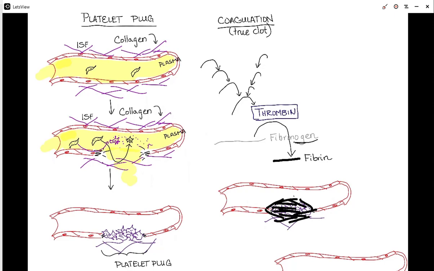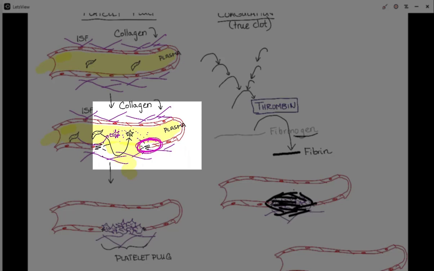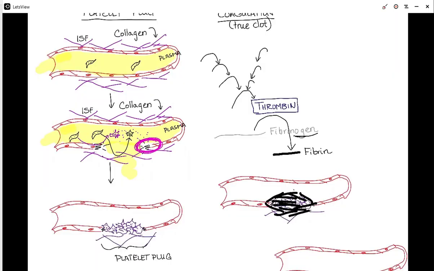So what are activating these pathways? A situation that activates one pathway is going to be the actual damage of the cell itself. When a vessel cell is damaged, it releases chemicals that by itself are going to activate one of the pathways.